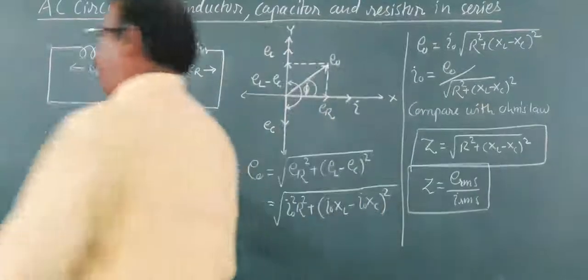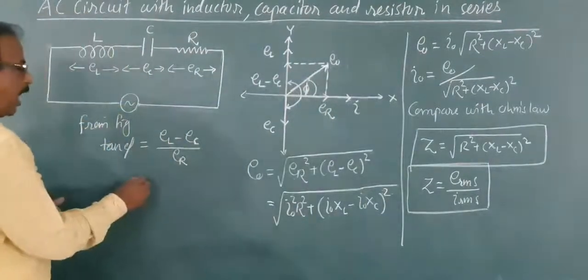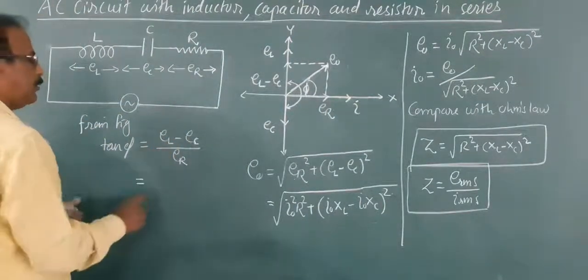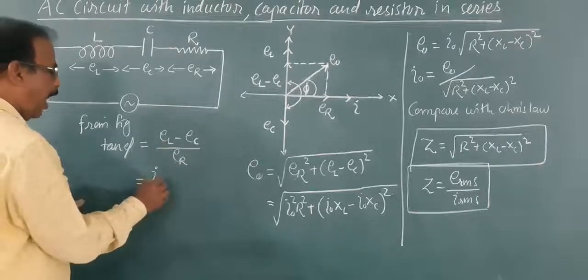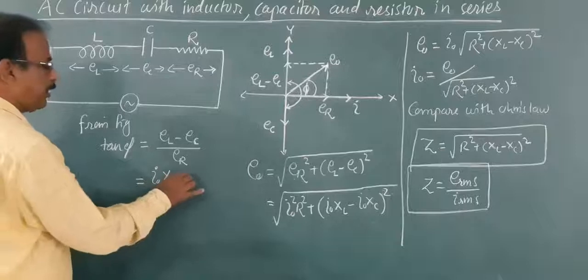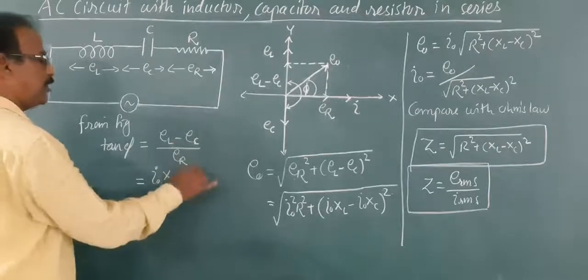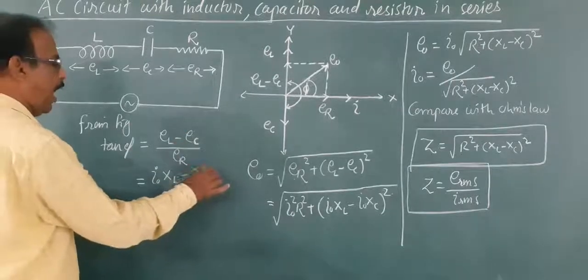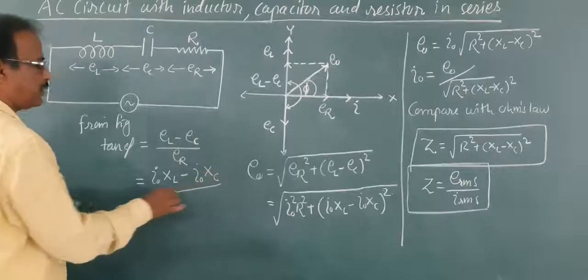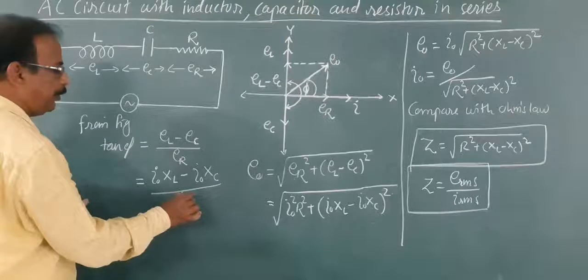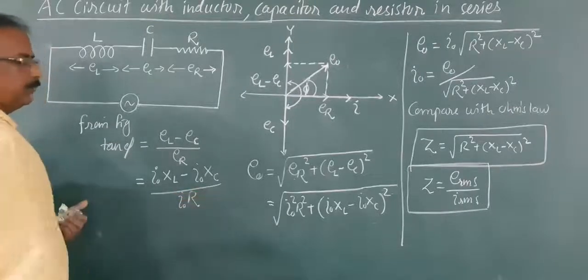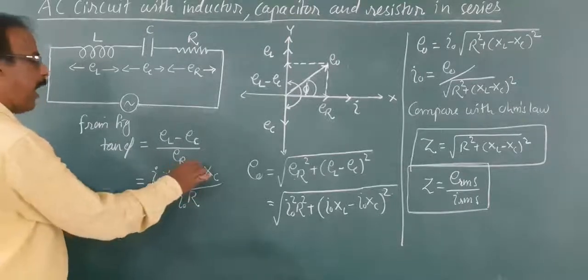This EL, we can write R0 into XL. This EC, it is R0 into XC. This ER, it is R0 into R. Take R0 common, cancel it.